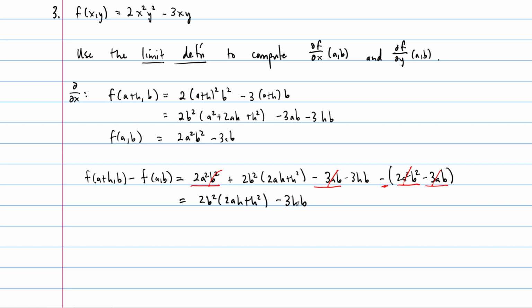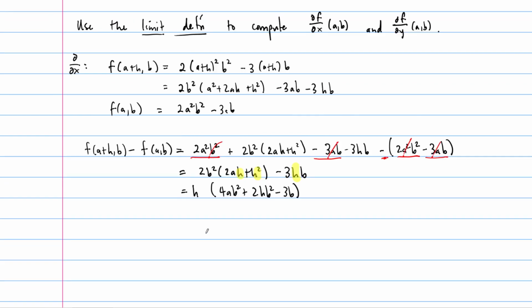And we can factor an h out of all of this. So you're probably having flashbacks to Calc 1 now, right? And we can multiply this through now, so 4ab squared plus 2hb squared minus 3b. That's all that's left after multiplying through.